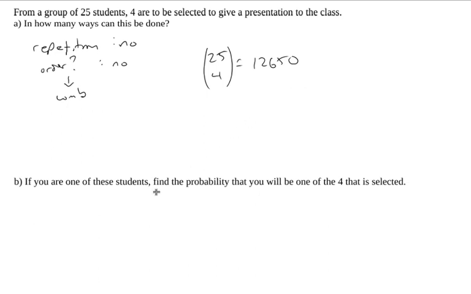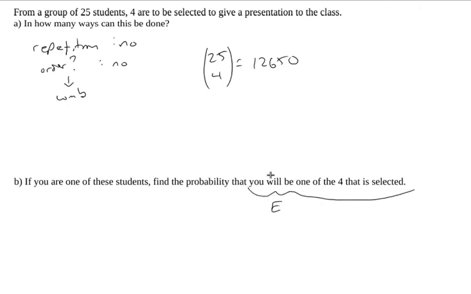If you are one of these students, find the probability that you will be one of the 4 that is selected. So you're one of the 4, but there are 3 remaining students to be selected. You're one of the 4 that are selected.